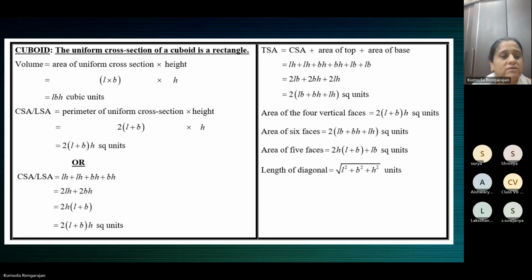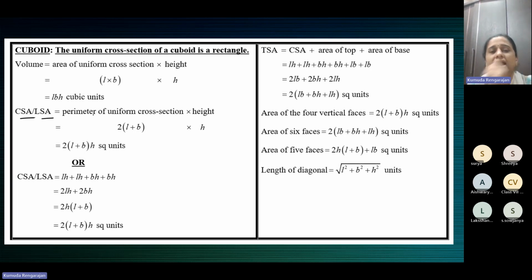Okay. Now, curved surface area or lateral surface area. Same understanding. Cuboid has a uniform cross section. So its curved surface area or lateral surface area is defined as perimeter of the uniform cross section into height. Volume is area of the uniform cross section into height.